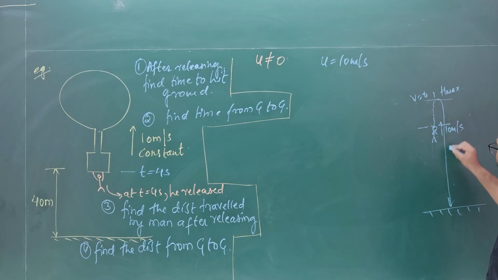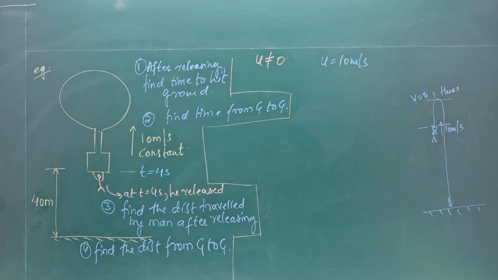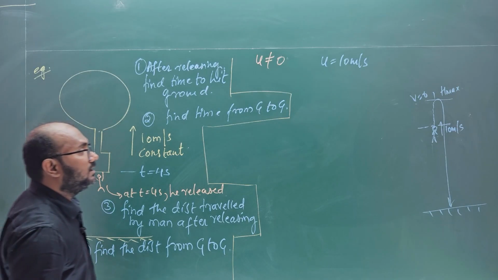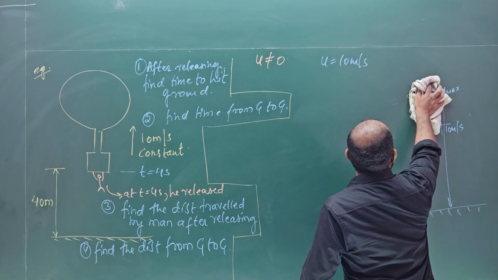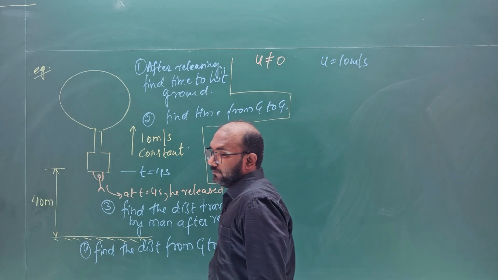So from here to here 40, we need to calculate this, but we need to calculate time. If we are going to calculate time, then can I use S is equal to ut plus half a t square always to calculate time? Yes. Okay, now listen to me.